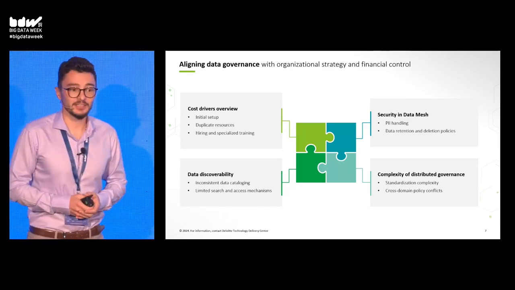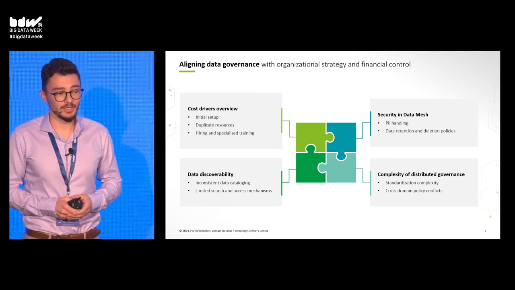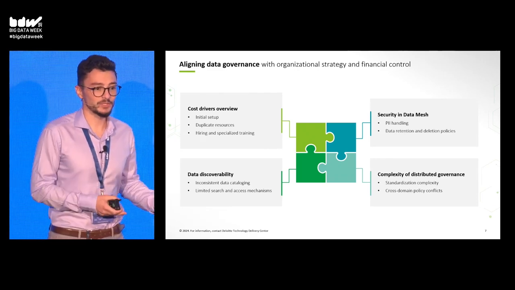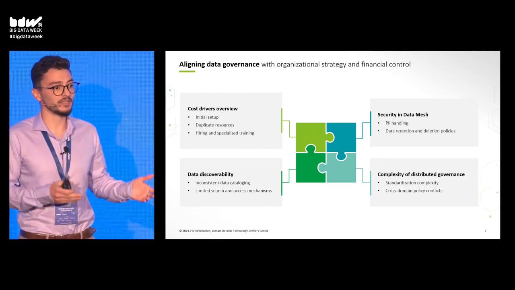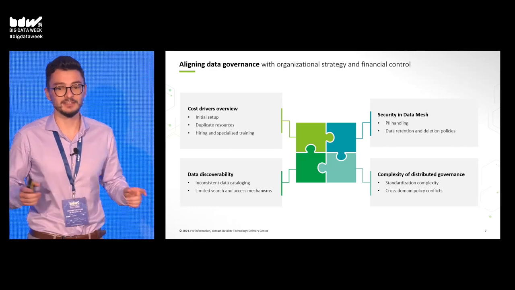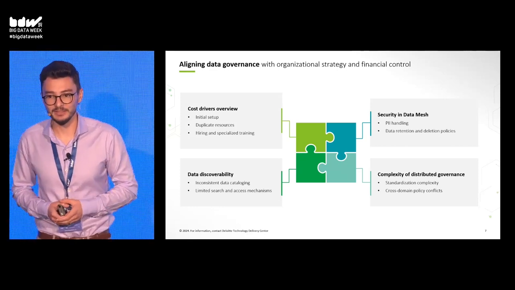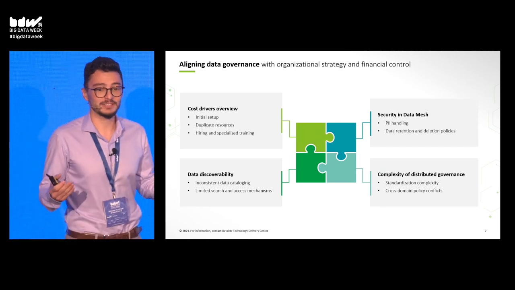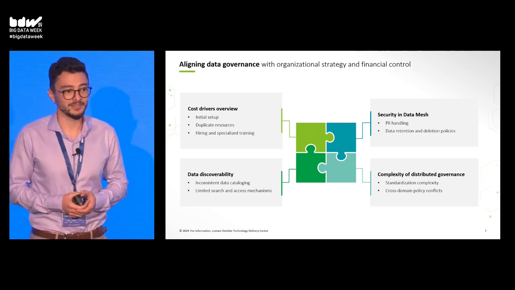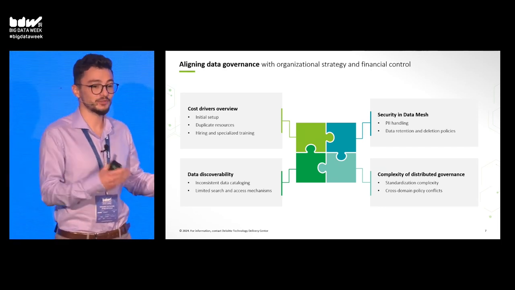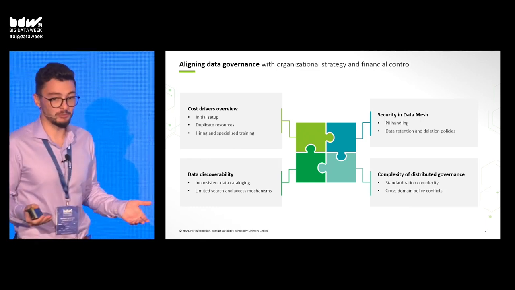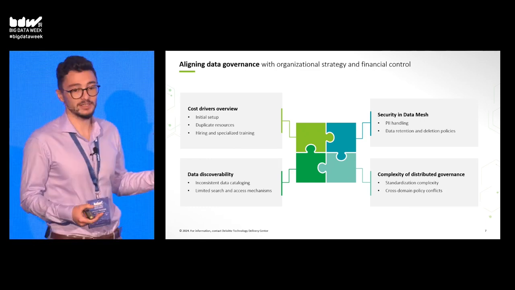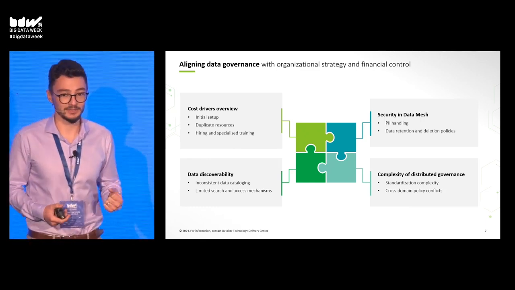If domain teams are not collaborating with each other, we will end up with duplicated resources and overlapping data products. That in time will mean increased costs. And also, because now we have this cross-functional expertise in our teams, we either invest in training our people, or we have to hire specialized people from outside.